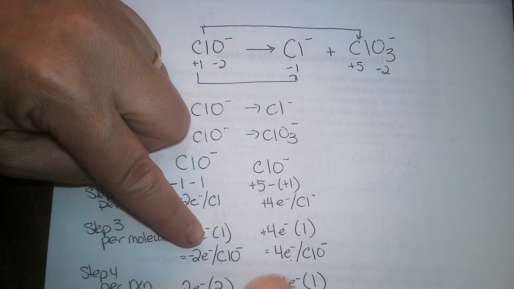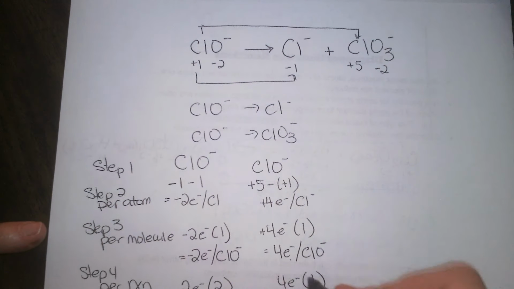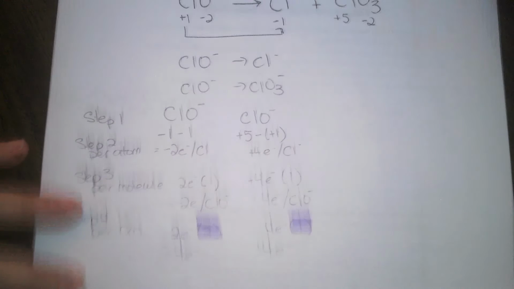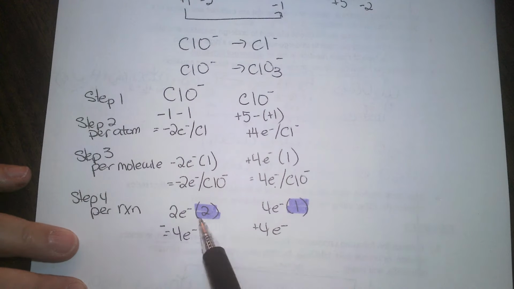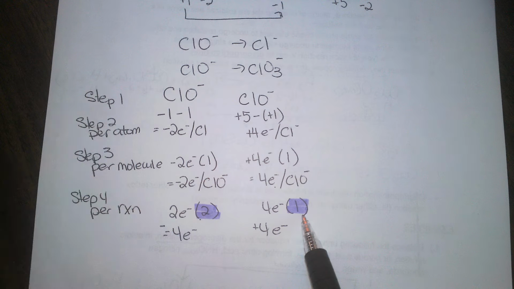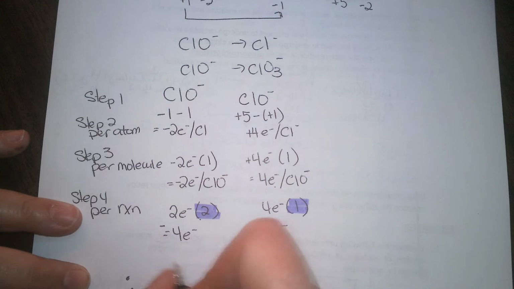And I should end up with 4 electrons and 4 electrons here, which means that my coefficients are 2 to 1, except that it's the same ion.